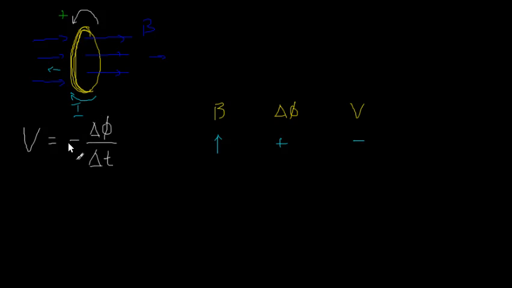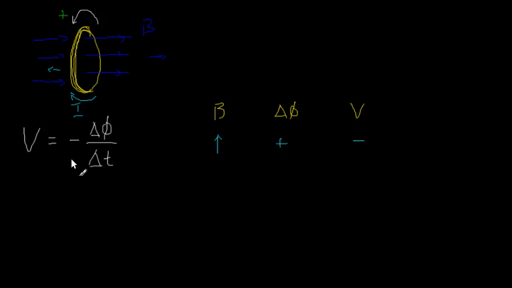So you see that the minus sign here, therefore, gives me the correct direction of the voltage and current. So now we can begin to see why we need a minus sign here, because if I don't have a minus sign there, then my voltage value would just be a positive value that I get from this formula. But that would be wrong, because if this is positive, it suggests that the current goes in this positive direction. But we know that it goes the other way.